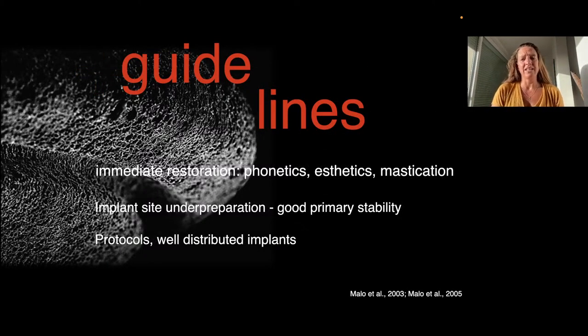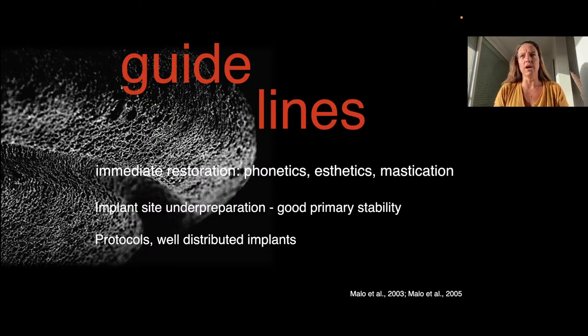So the guidelines: yes, you can provide immediate restoration, improving phonetics, esthetics, and mastication. Do not forget, I always tell you this, to prepare the implant site in order to achieve good primary stability. We already talked about what you can do to have good stability: bicortical engagement, longer implants, using the correct design of your implant, and having good protocols.